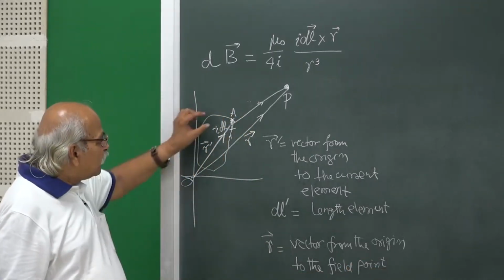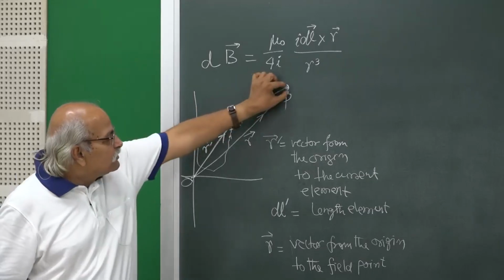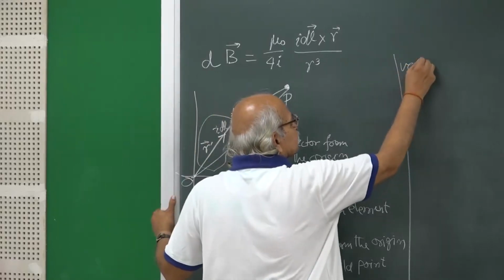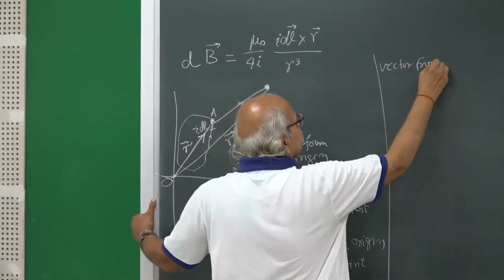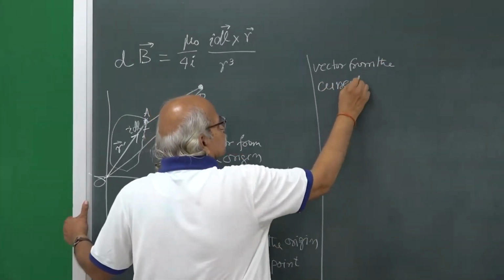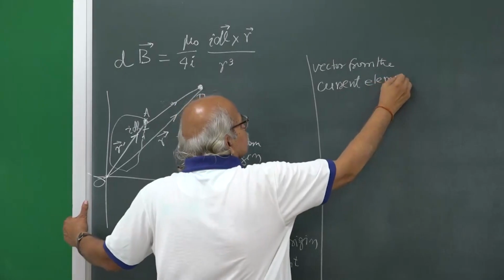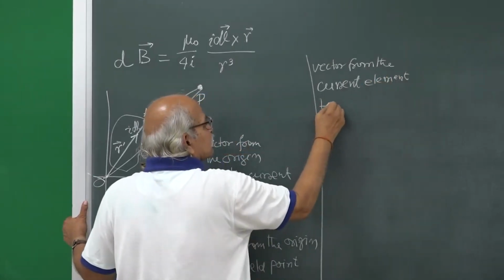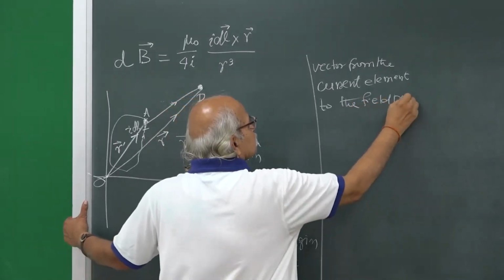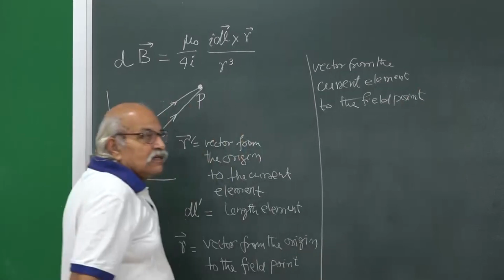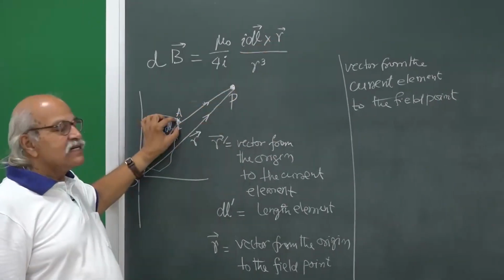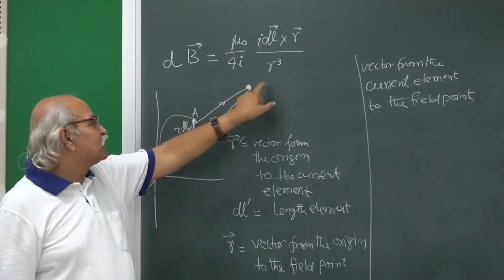And the vector from the current element to the field point, this is what we had written here as r vector, from the current element to the field point AP.